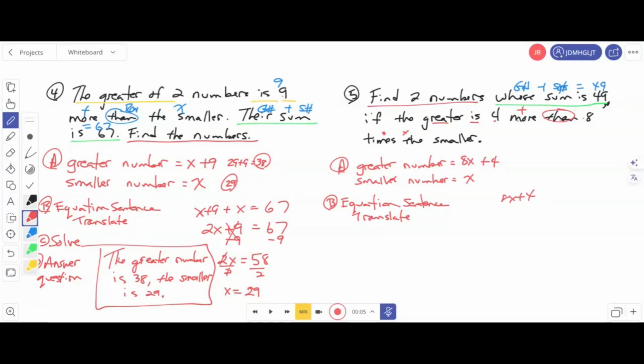8x plus 4 plus x is 49. 8x and 1x is 9x. There are no parentheses, so we combine like terms on the left. 8x and 1x is 9x plus 4. On the right, there are no terms to combine.